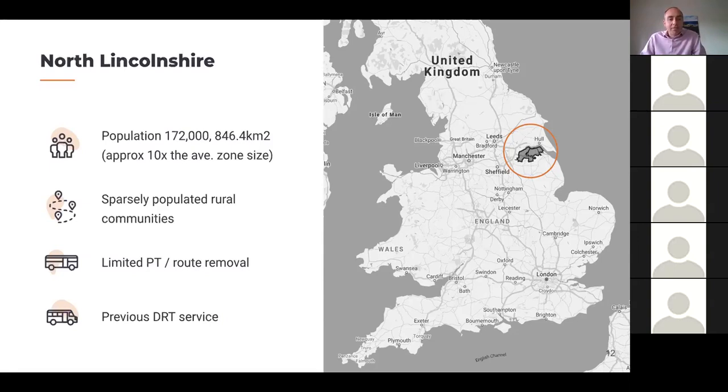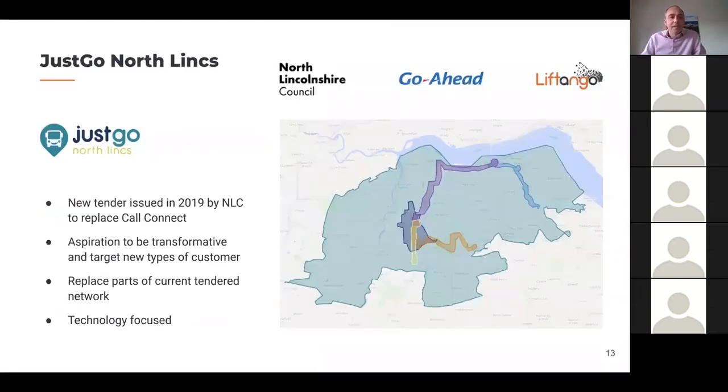However, many of those were reliant on support from North Lincolnshire Council, alongside the previous Call Connect DRT service, which I'll touch on in a moment. We can just move on to the next slide.